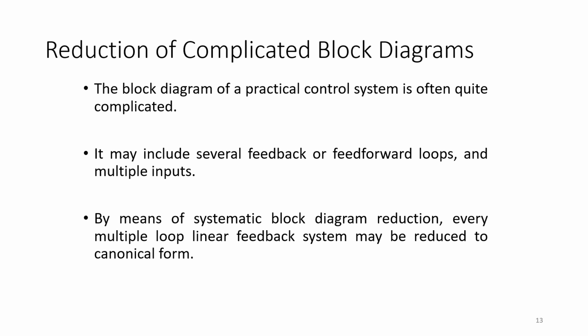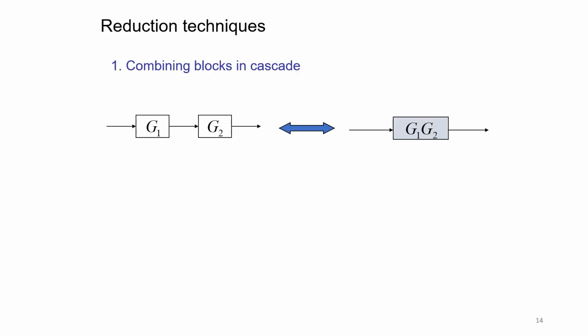So we need to reduce our block diagram into a simple form so that you can find the transfer function for a system and analyze it. For that purpose, we are going to follow some reduction rules. There are some standard rules which you will be learning now to reduce the complex block diagram to the simplest form. Now this is the reduction technique.